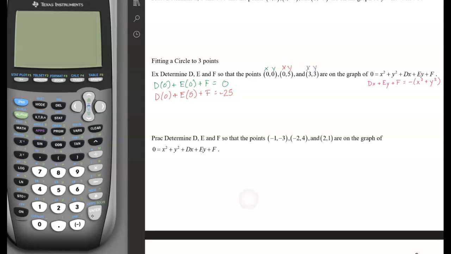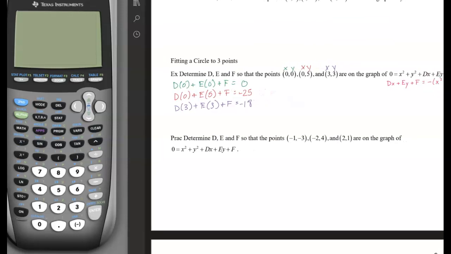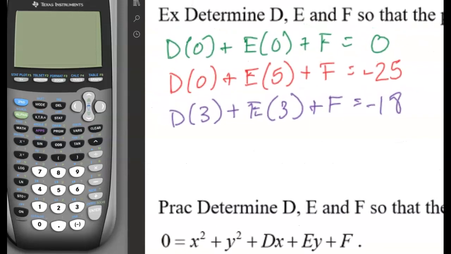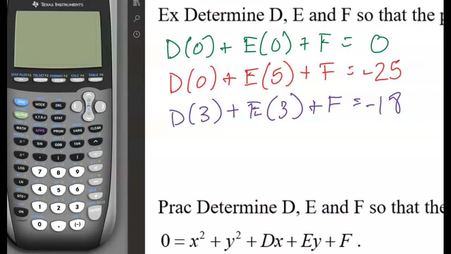Then, again, I have 3 for x, 3 for y, and 3 squared is 9, 3 squared is 9. Add them together, it's 18, but it's a negative 18. So this is what I end up with. Oh, that was messy.